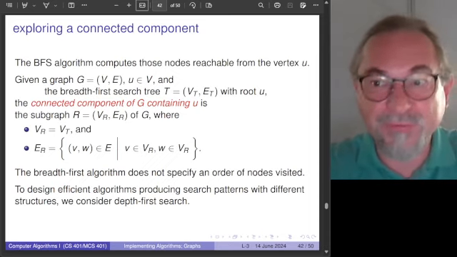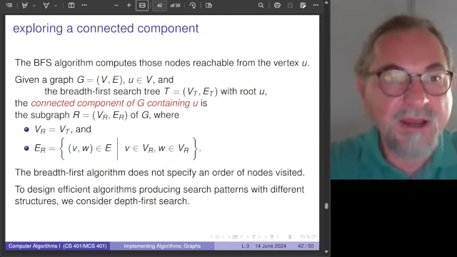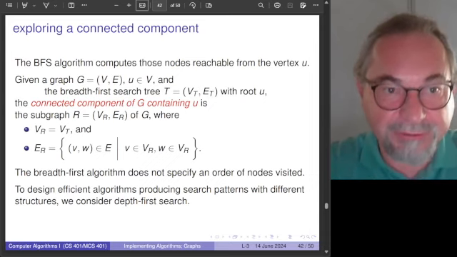Okay, so before we go to the other algorithm, one more definition.